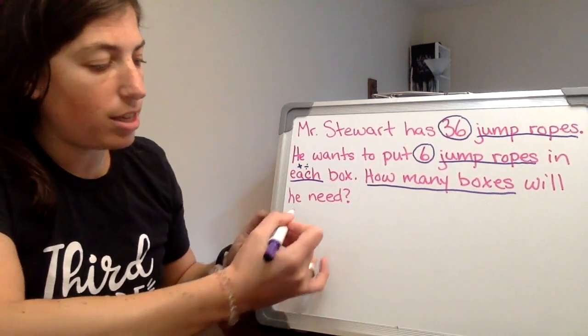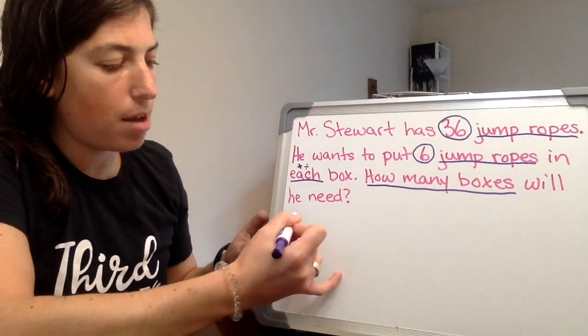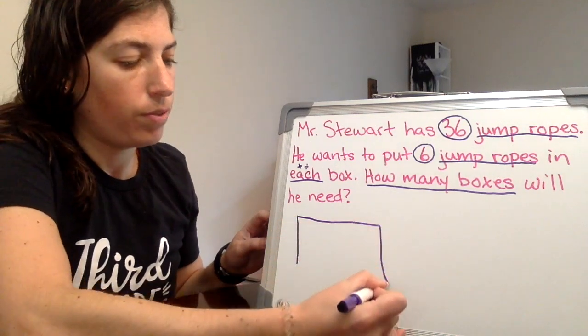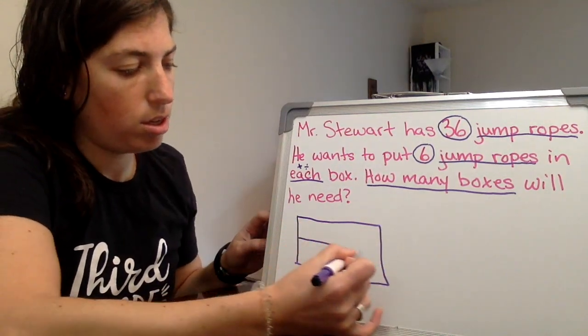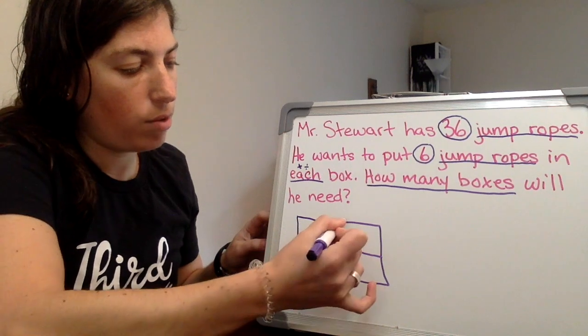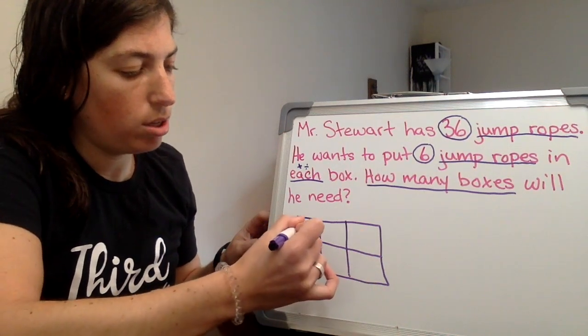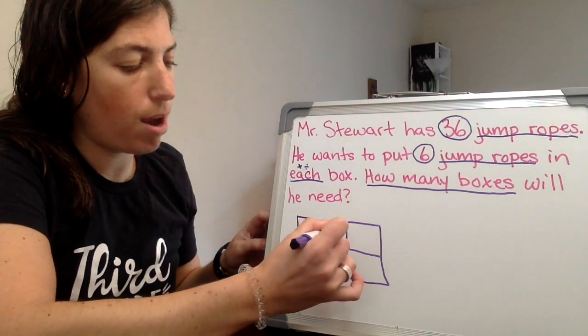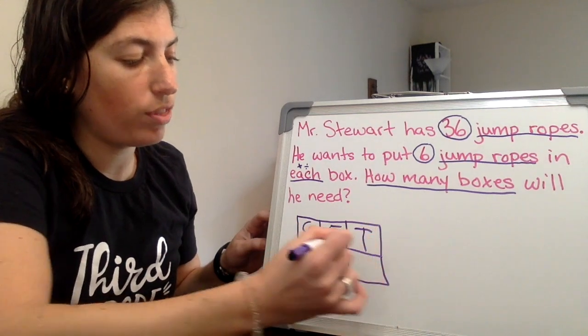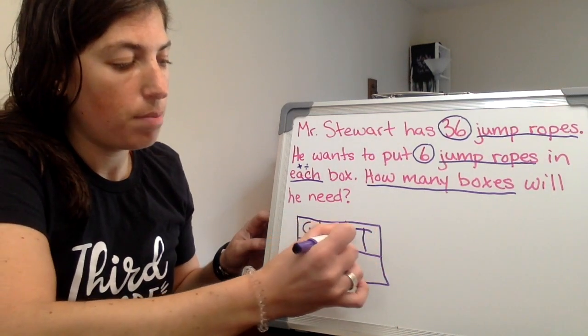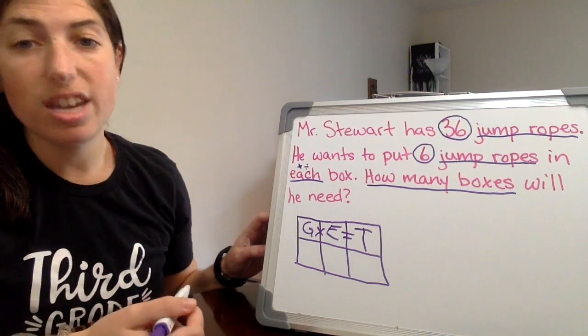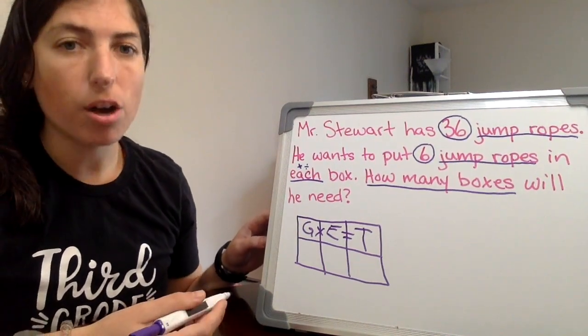Okay. So once again, I'm going to set up my get box. All right. And start filling it in with the information I know. Like I said for the other problem, I like to start with the E box because I have the word each right in this problem. I'm going to go back.